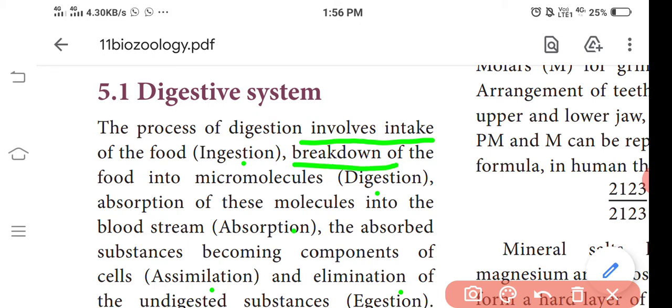Absorption is when the food is taken to the bloodstream. Then it becomes a component of the cell by the process of assimilation. Egestion is the removal of all undigested waste material.